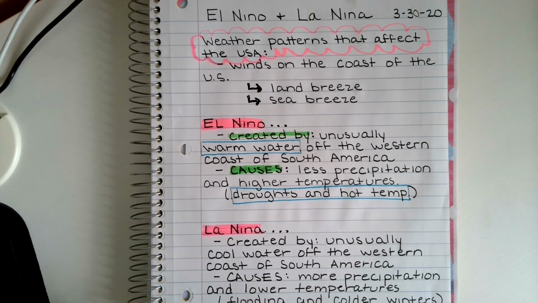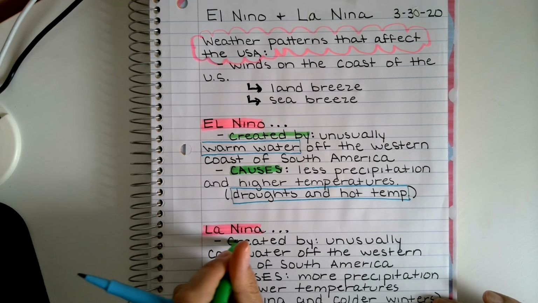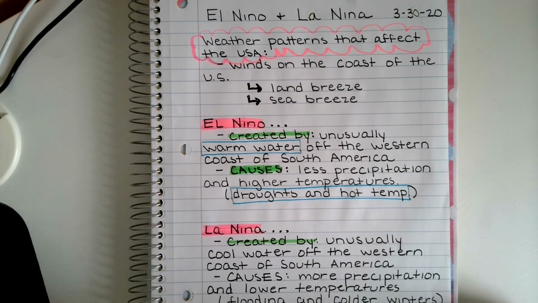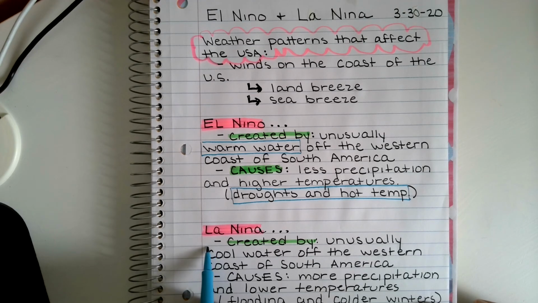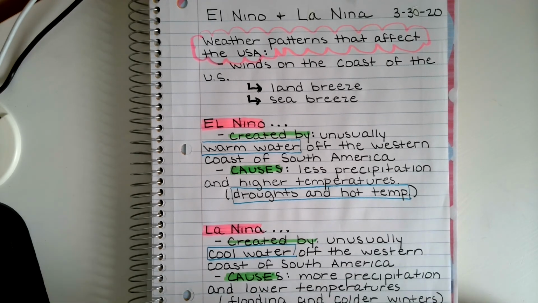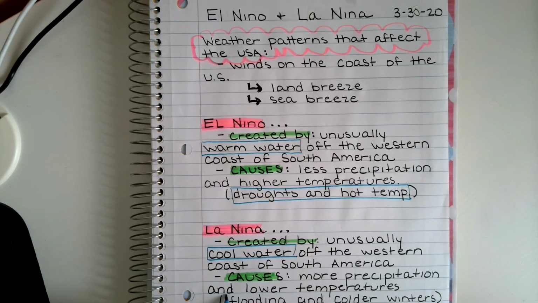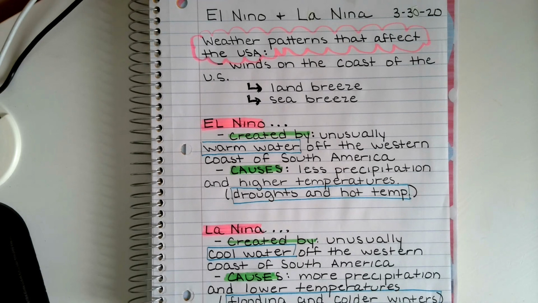Okay, so then La Nina is the opposite. It's created by cool water off the western coast of South America. It causes more precipitation and lower temperatures. So you get flooding and colder winters. So this is how it affects the United States.